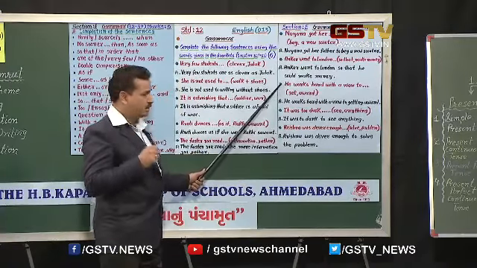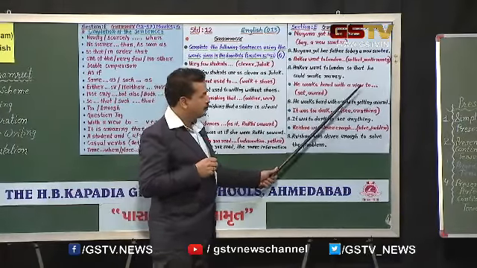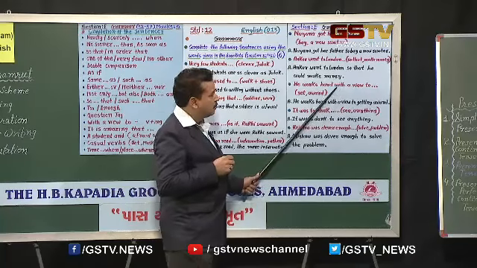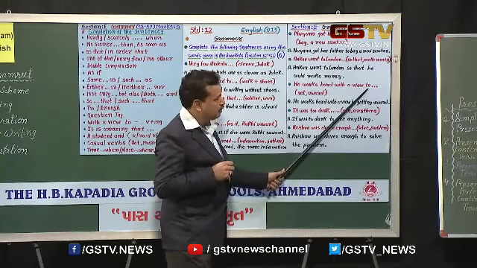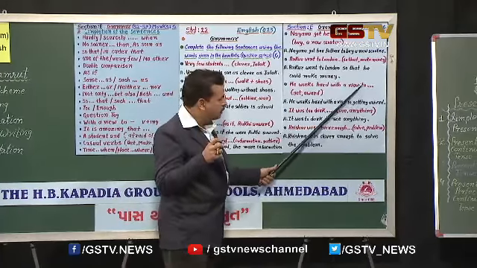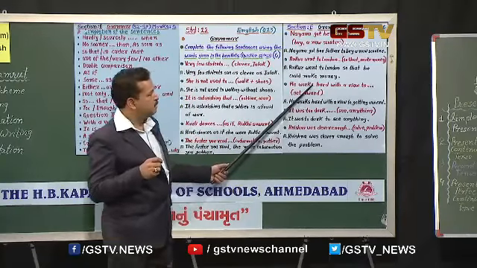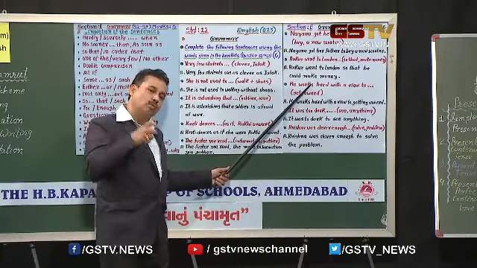Here again one more example. He works hard with a view to. With a view to, I told you earlier, if you are seeing this term, immediately one important thing should occur in your mind, that with a view to means you are going to complete the sentence by using ing in the verb.